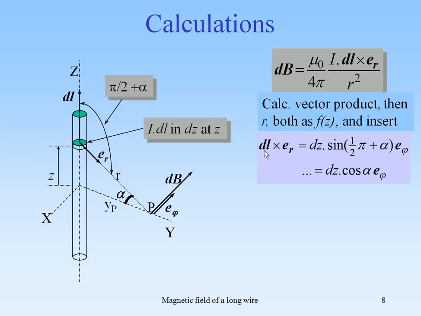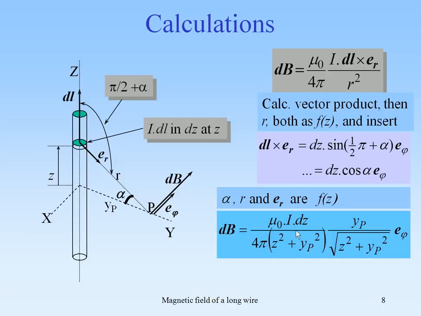Well, dl times e_R is dz times the sine of the enclosed angle, and the enclosed angle is pi over 2 plus alpha, with alpha here. And it means that it is dz times cosine alpha times e_phi. Now, alpha, R and e_R are functions of z.